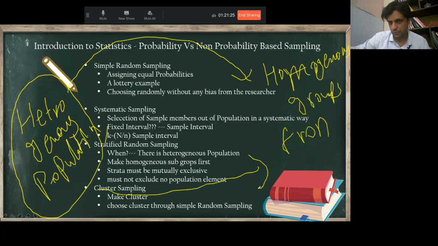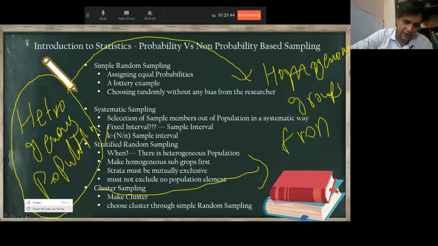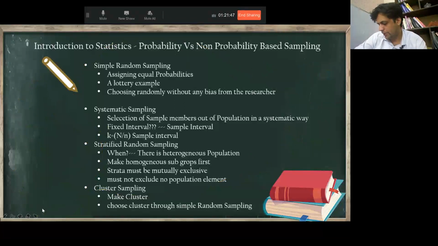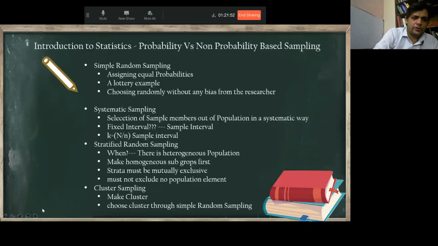After dividing, we define the homogeneous groups, meaning with the same traits or subgroups, before sampling. We do this before sampling, right? At the moment, I didn't choose any person. Then what do I do? The strata should be mutually exclusive. So there are 3 things to remember in stratified sampling.